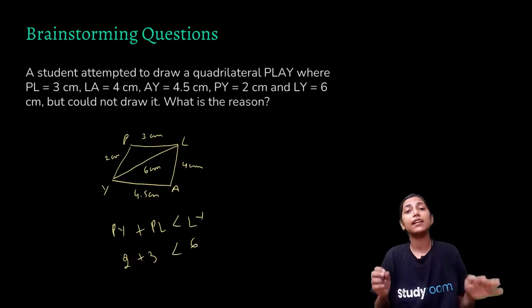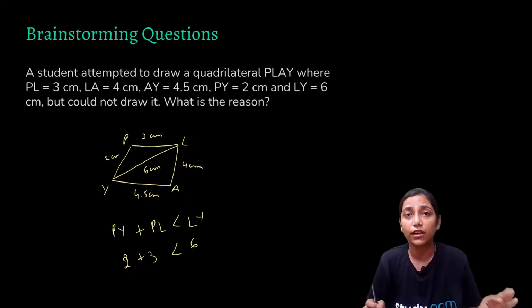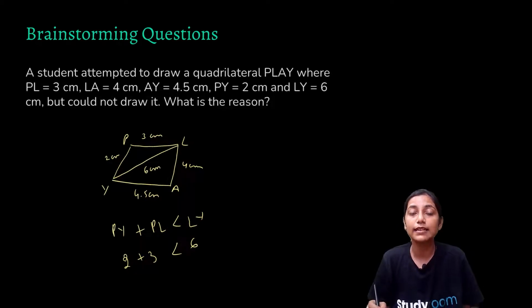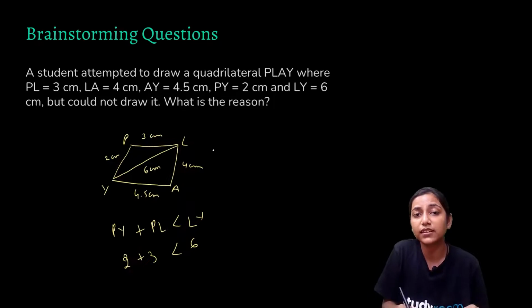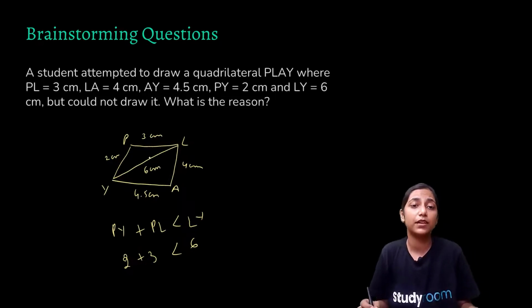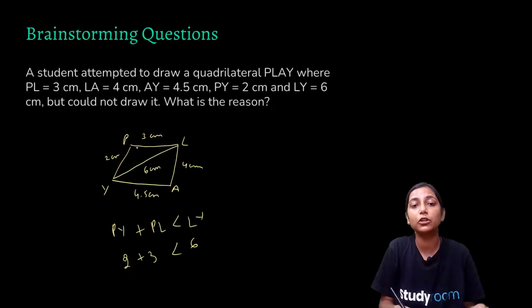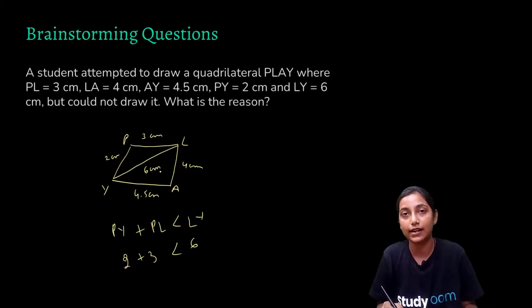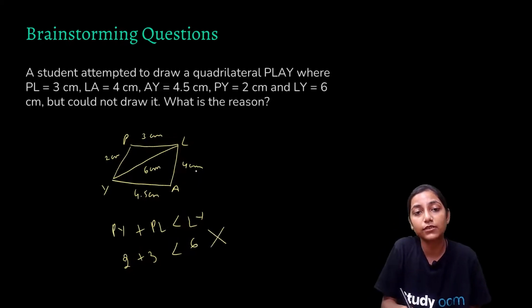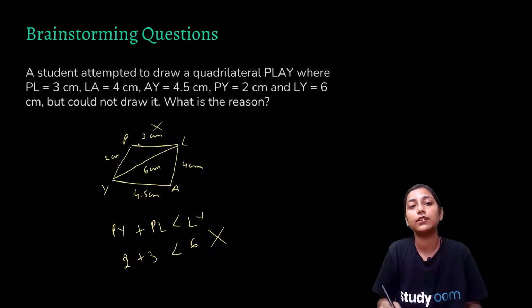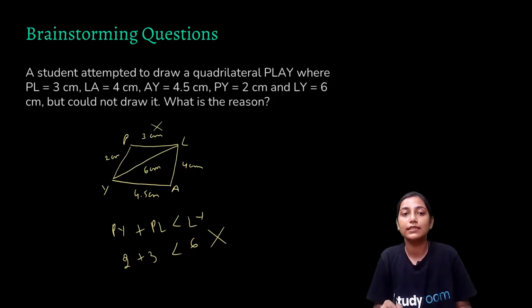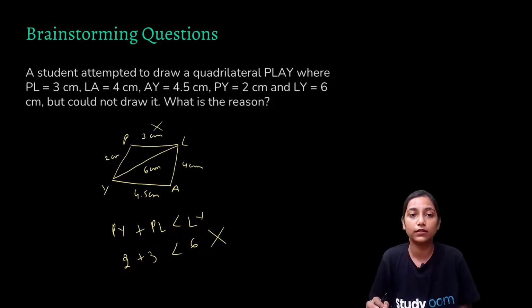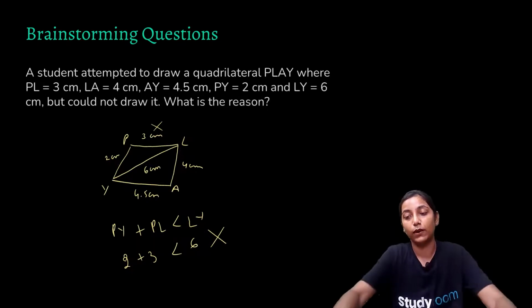But in a triangle, the condition required is that the sum of two sides should be greater than its third side. But in this case, for this triangle PLY to be constructed, the sum of two sides is coming to be lesser than the third side. So this triangle PLY cannot be constructed. So this was the reason that the student could not draw this quadrilateral PLAY.